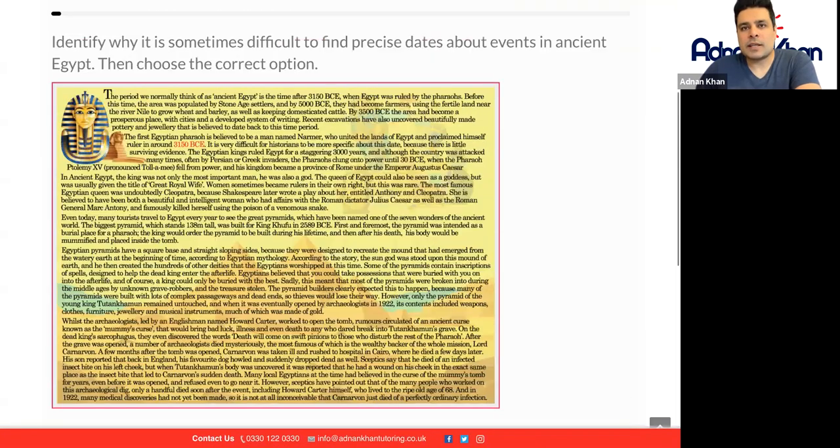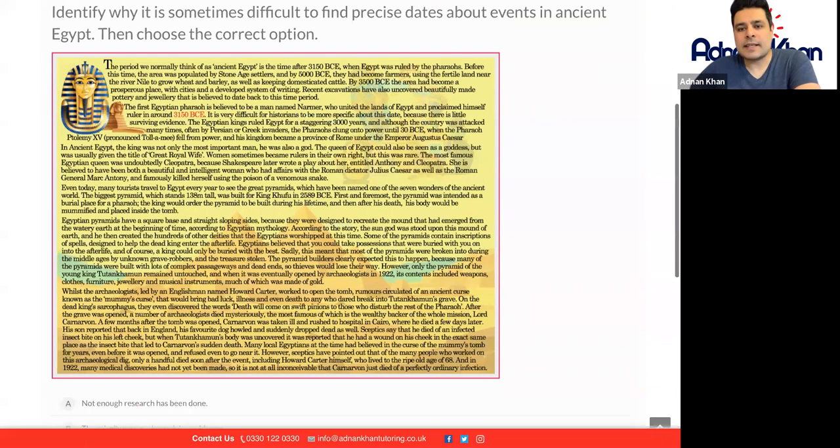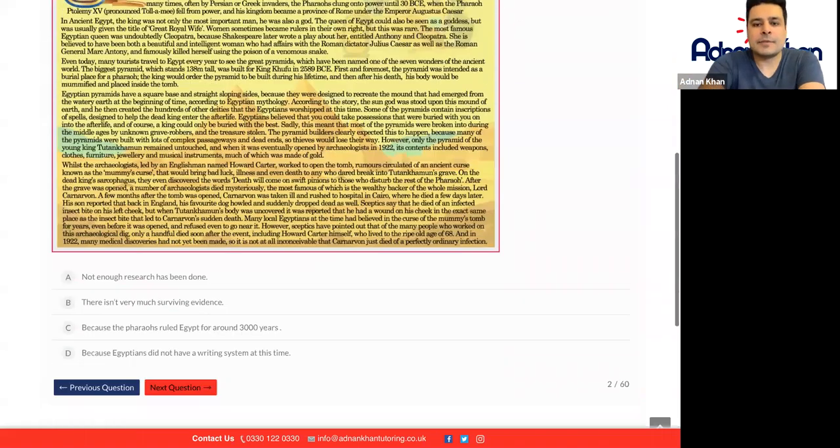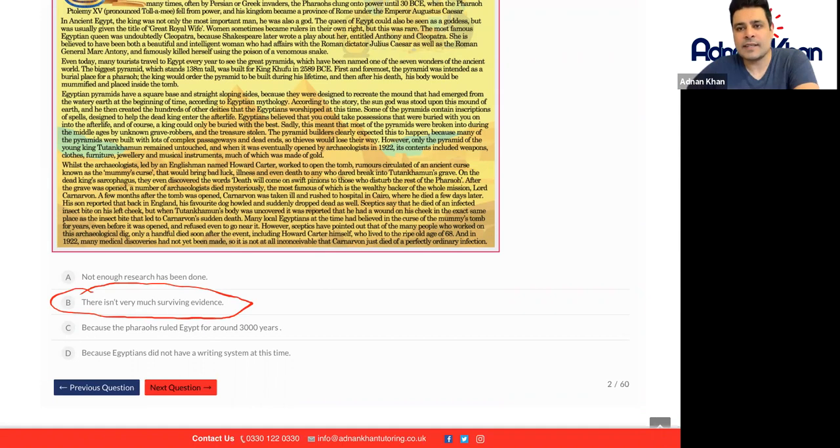The next question is, identify why it is sometimes difficult to find precise dates about events in ancient Egypt. Then choose the correct option. Well, in this case, it's going to be this particular option here that tells us that there isn't very much surviving evidence because it was more than 3,000 years ago.